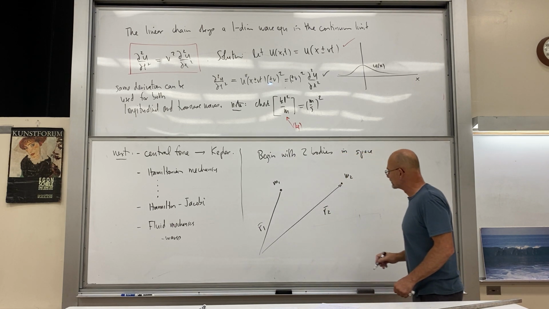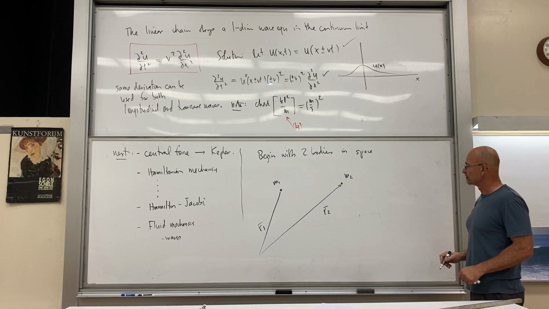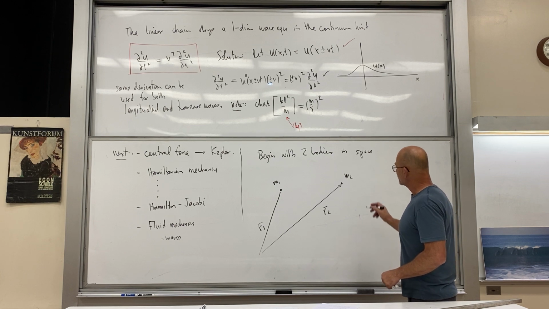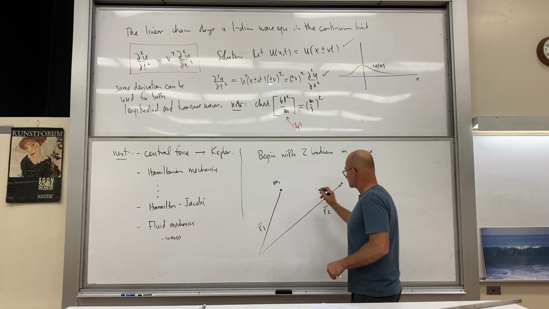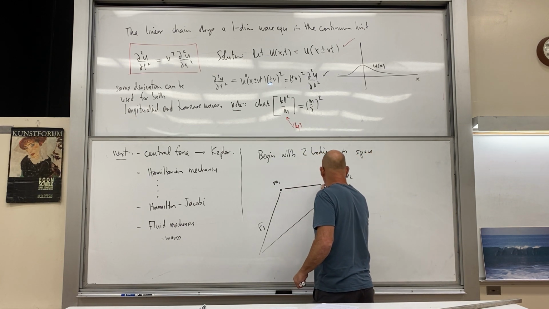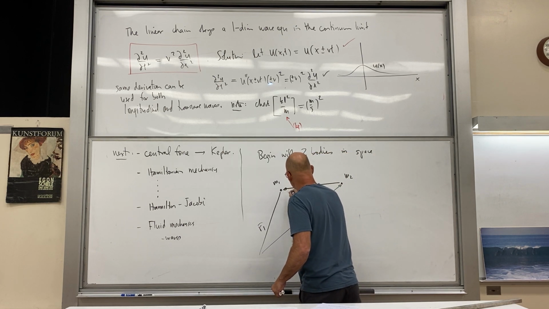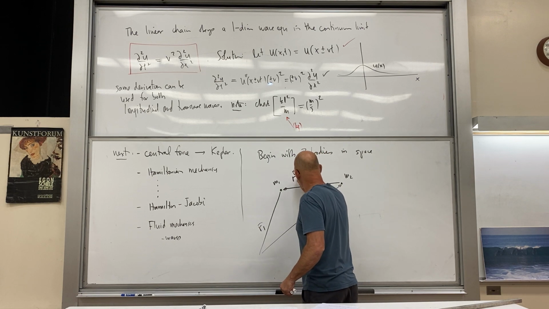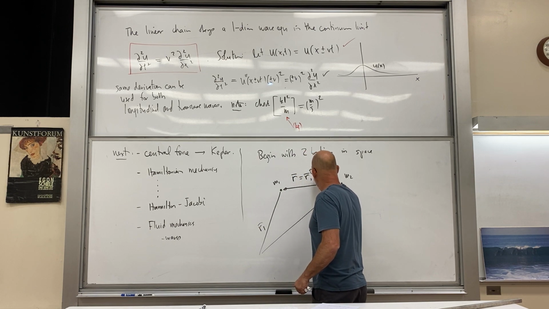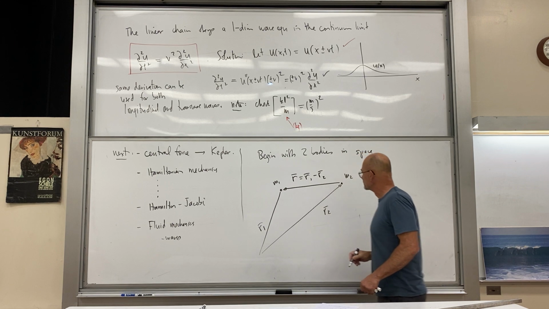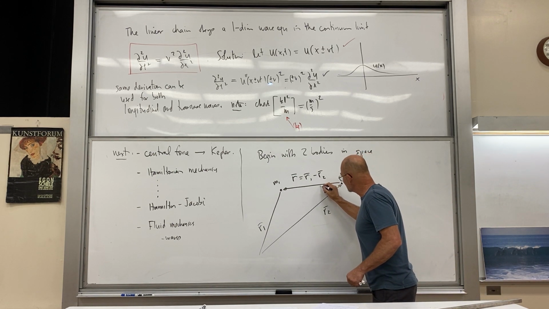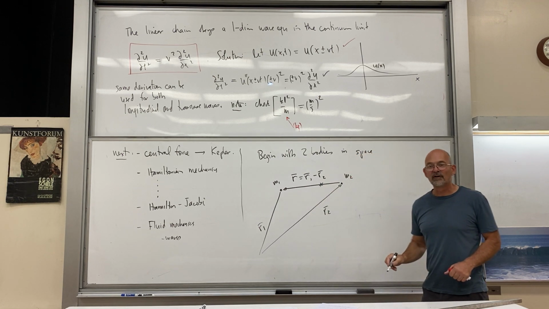Okay, as two vectors. So I'm also going to define this vector here, r is equal to r1 minus r2. And I'm even going to put a little star here indicating the center of mass.